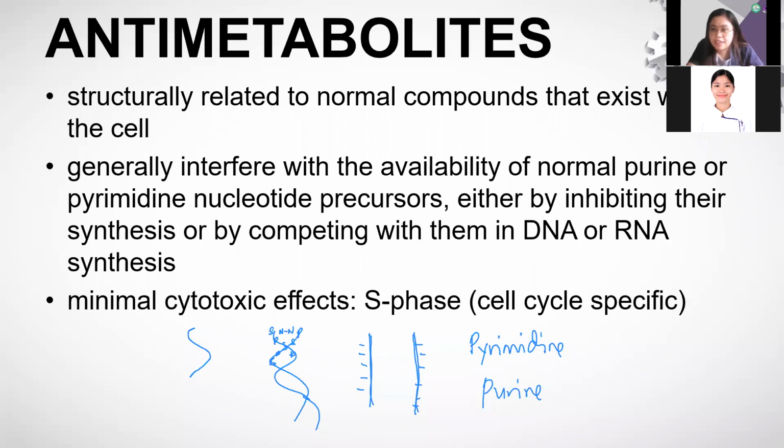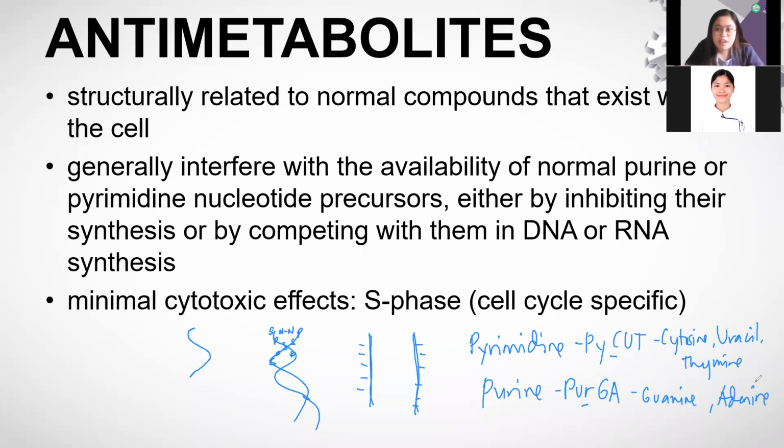Pyrimidine is PICAT. PICAT means C is cytosine, U is uracil, and T is thymine. And for purine, the mnemonic we use is PURGA, purine for guanine and adenine. Okay, those are our nitrogenous bases in the middle.